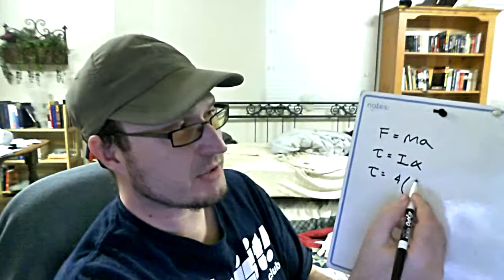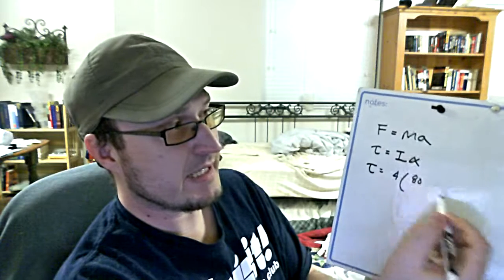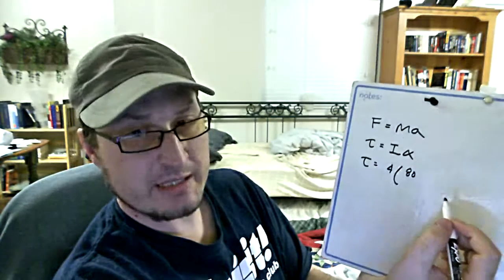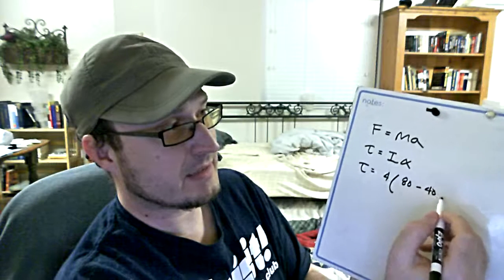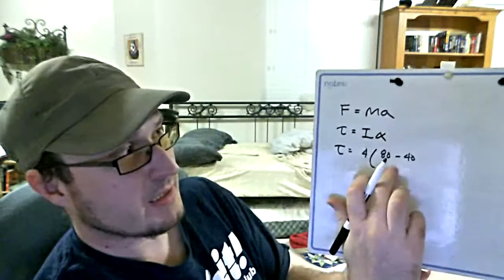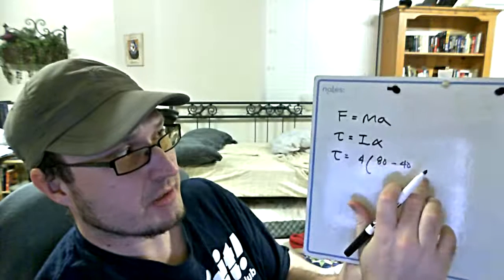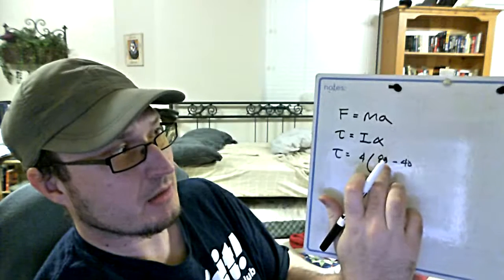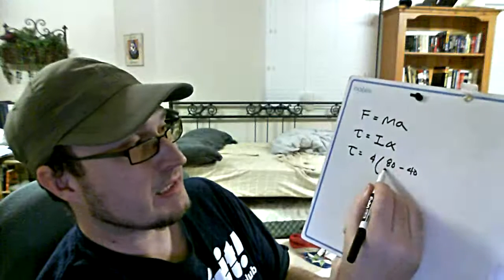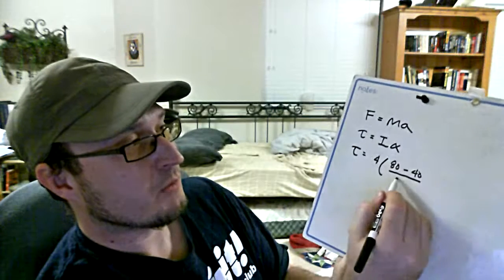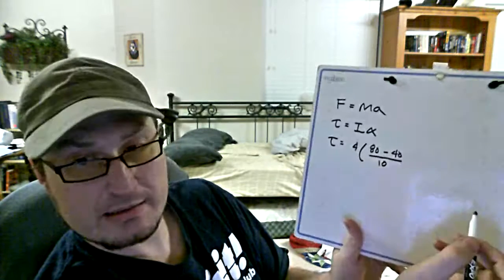They say it starts at 80 radians per second and finally goes to 40 radians per second. So this is the change in the angular velocity. And how long did it take to make that change? Well, they tell us it took 10 seconds.